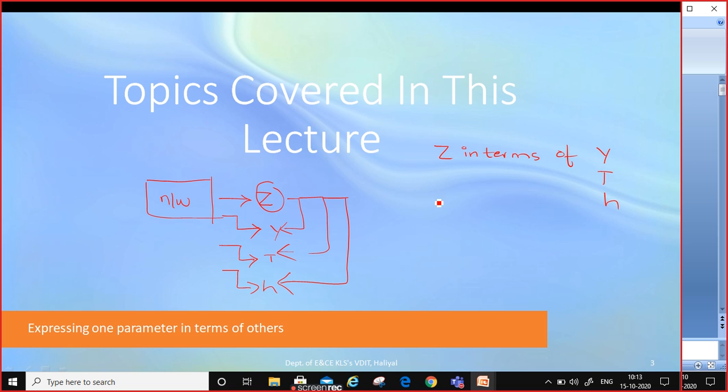Say, for example, expressing Z in terms of Y.